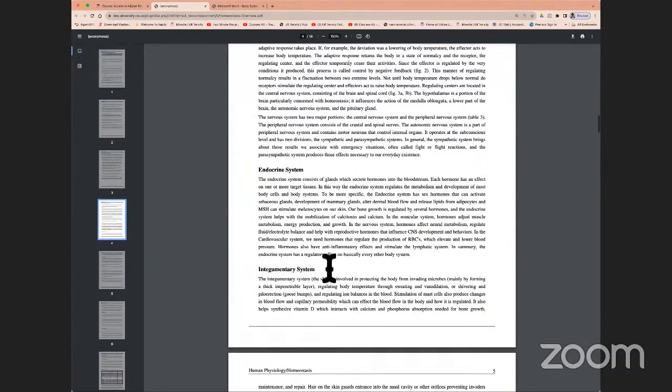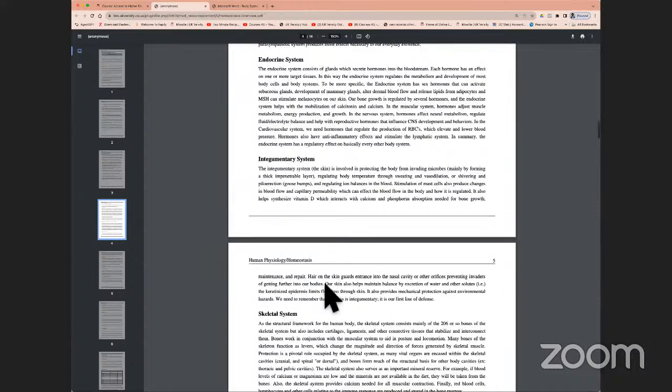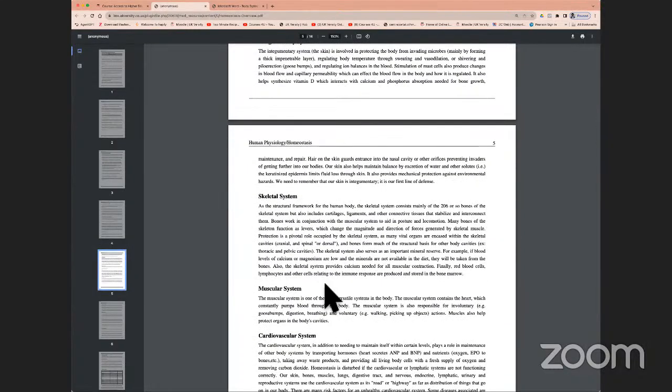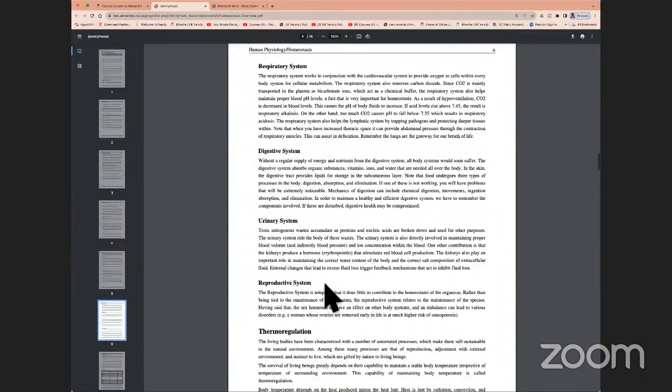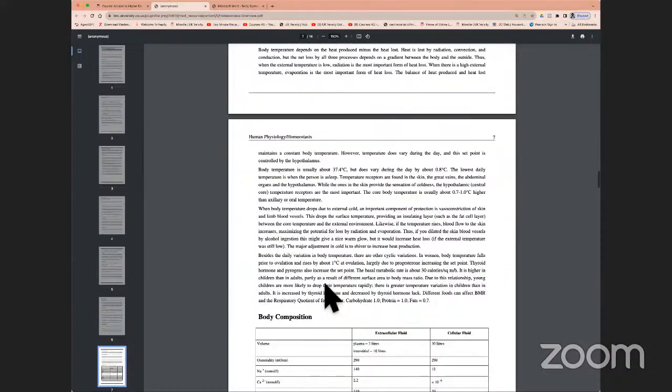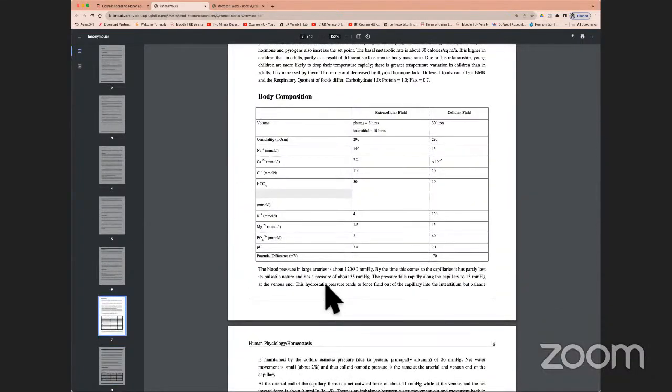But you'll get a very good perspective of some of the other systems and how they help in maintaining the internal environment of the body, and how they work when the homeostatic process kicks in. So that is also covered in this particular unit.